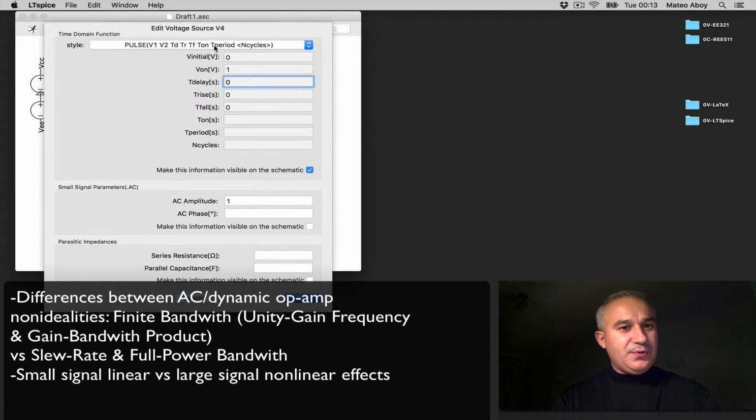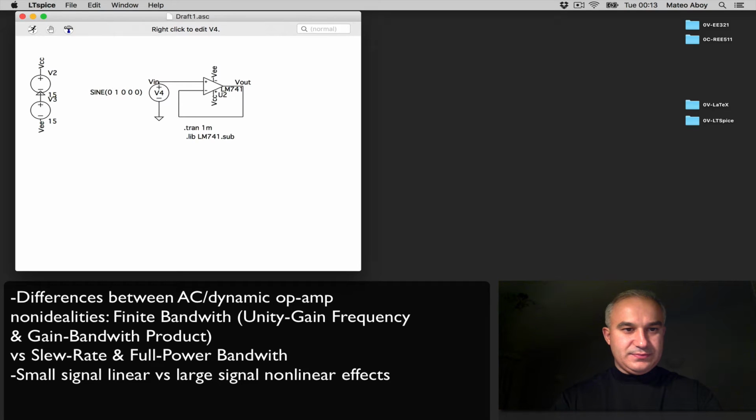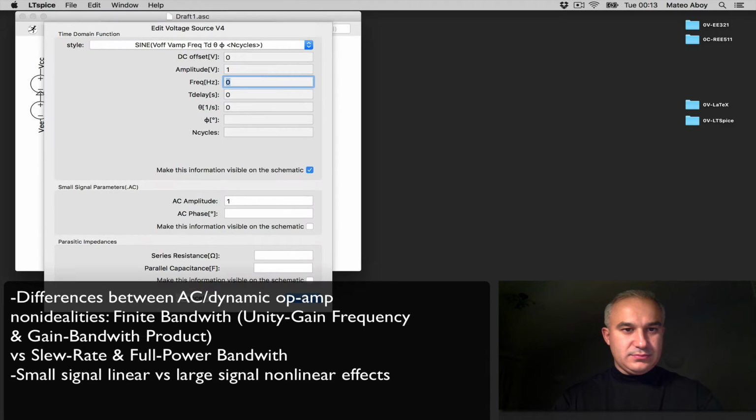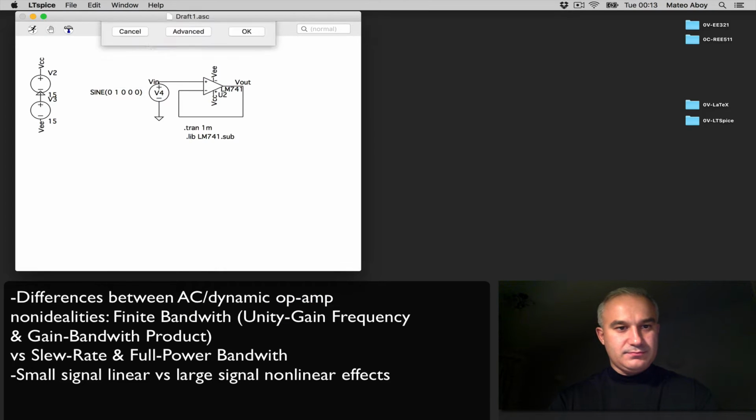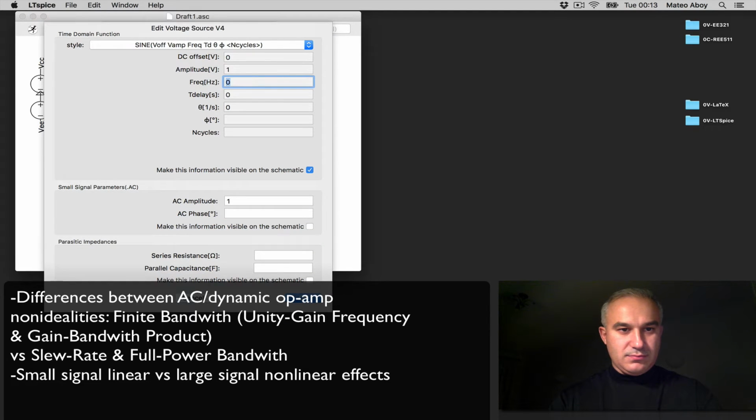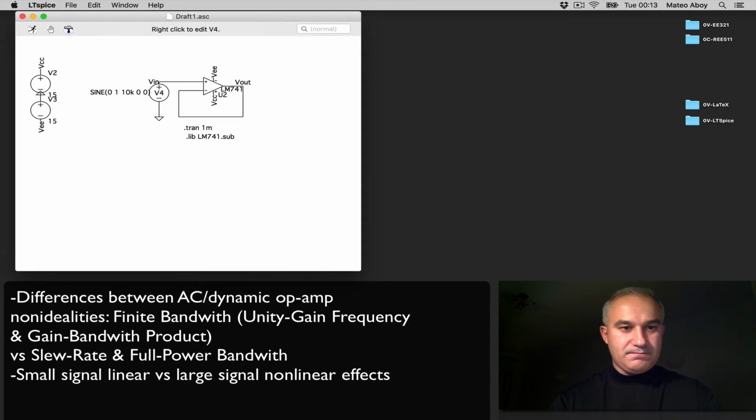So let's go ahead and change the pulse to a sine wave. I'm going to do an amplitude of 1, and a frequency, let's say 10 kilohertz. So what do we expect?